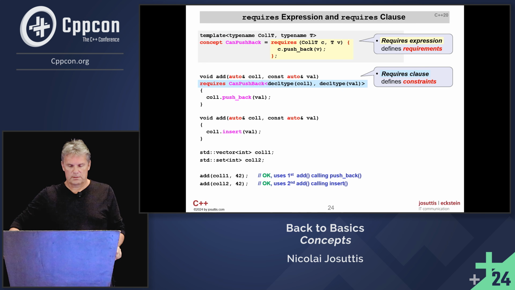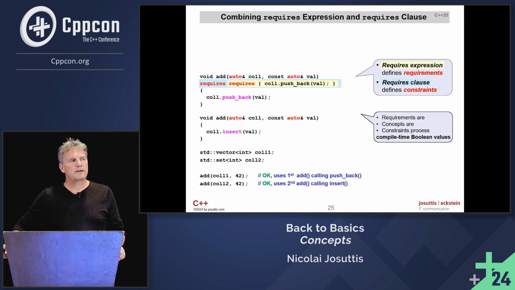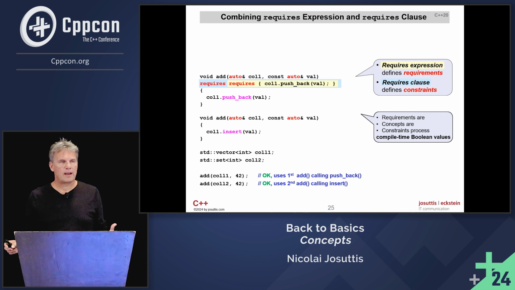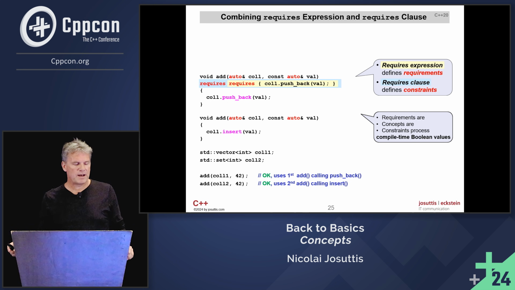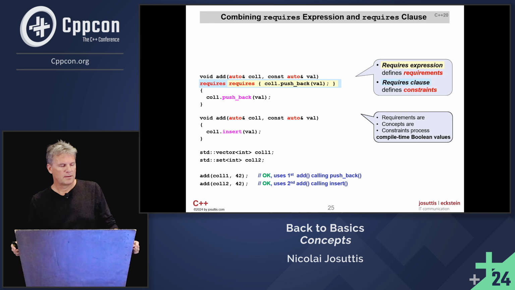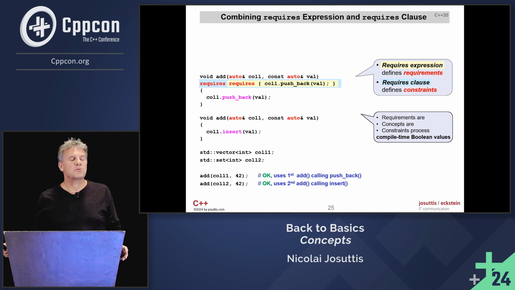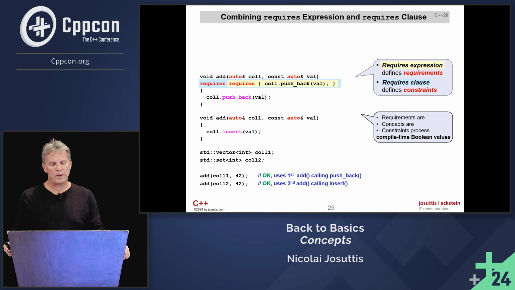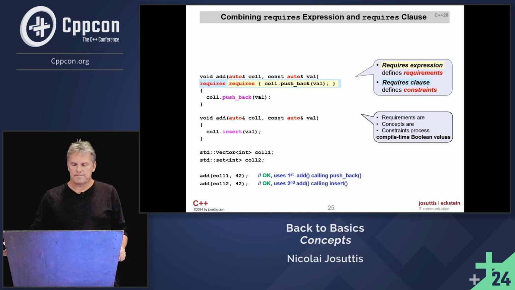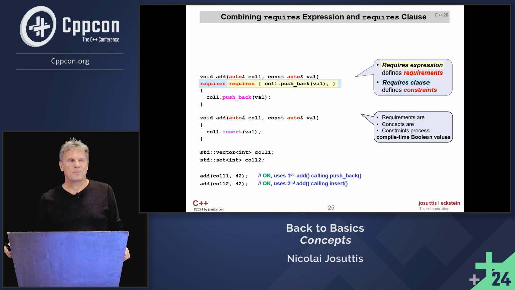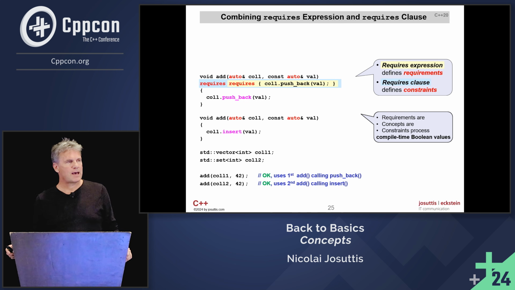Well, it's compile time Boolean values that are used, and it's compile time Boolean values that are required. So we just say requires requires. If I put away the colors, it looks even more weird. That was something we discussed a lot when we standardized C++. Nobody liked that, but finally we did it right.